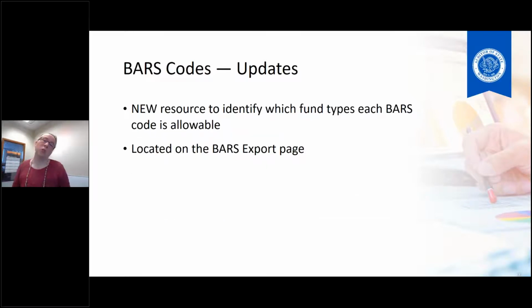In December, you will have access to a new resource. This is going to list every BARS code we have in the complete chart of accounts, and it will tell you what fund types that code is allowed in. As I said, it's the complete chart of accounts, every single BARS code that the auditor's office has in active working.